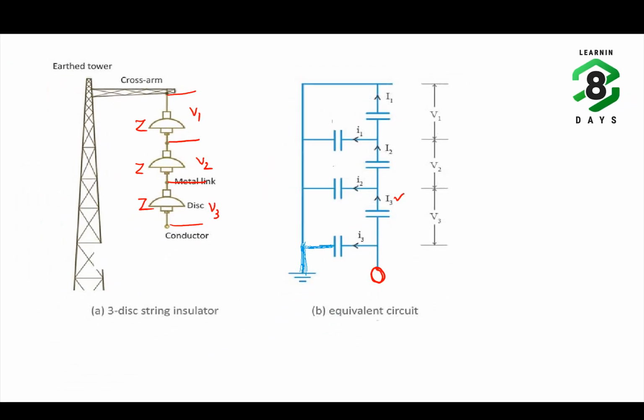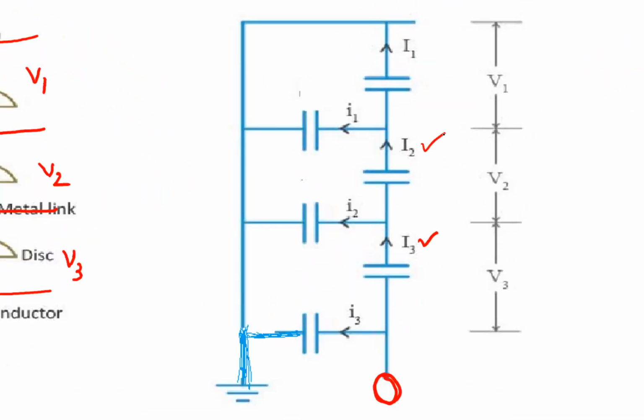Next, the current flowing through the other disc is I2, and the current flowing through the disc that is connected to the cross arm is I1. Since the discs, which have identical impedances, are carrying different currents, the voltages across these discs are different. Why are the currents different?